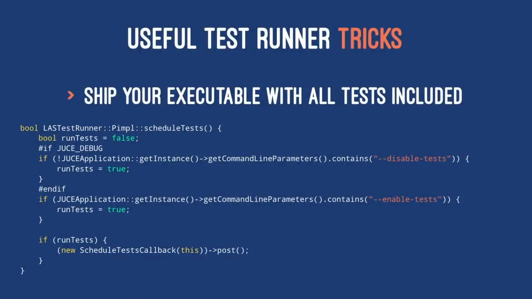First of all, if it's running as a release version of the application, it will by default obviously not run the tests. But if it's running in a debug version, it will by default run the tests, which means that every developer running it will have to make a conscious choice to turn off tests, which is a little bit of a barrier to not disabling tests.